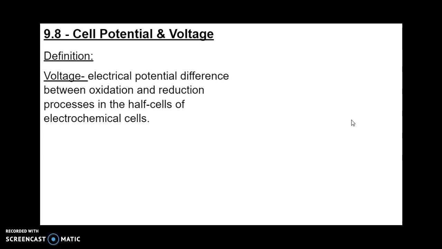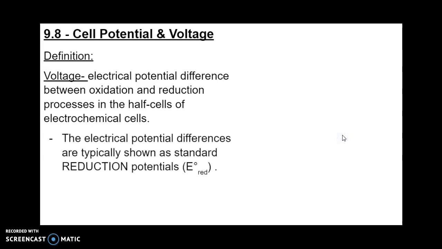Those two things may not have the same potential to undergo reduction and oxidation though. So we can quantitatively look at that through voltages to see which is going to be the stronger oxidizing or reducing agent. The electric potential differences are typically shown as standard reduction potentials.